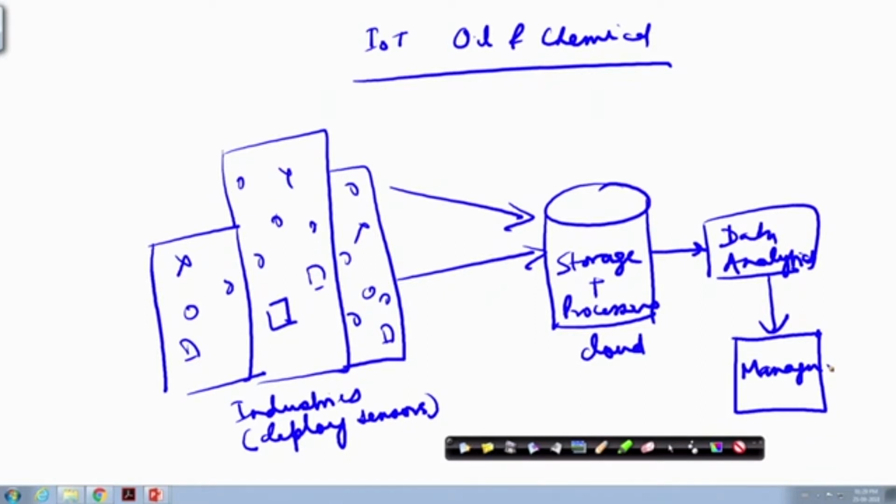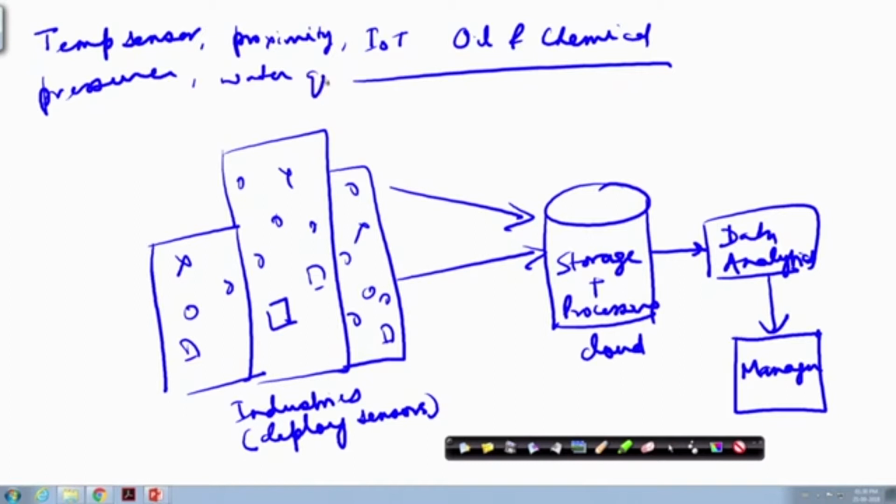And so, for chemical and oil industry, these different sensors, I have given different labels for different sensors that could be used. The different sensors that could be used could be your traditional ones, the common ones like your temperature sensor, different other sensors like proximity sensor, pressure sensor, maybe water quality sensor.